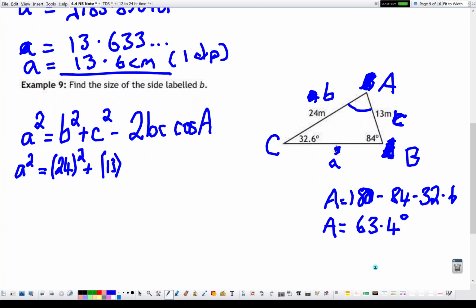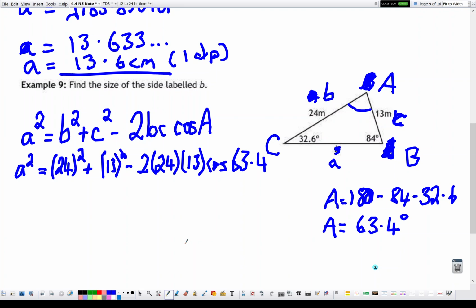Minus 2 times B, which is 24, times C, which is 13, times the cosine of A, which is the cosine of 63.4. Put that whole thing into your calculator, then take the square root of the answer.